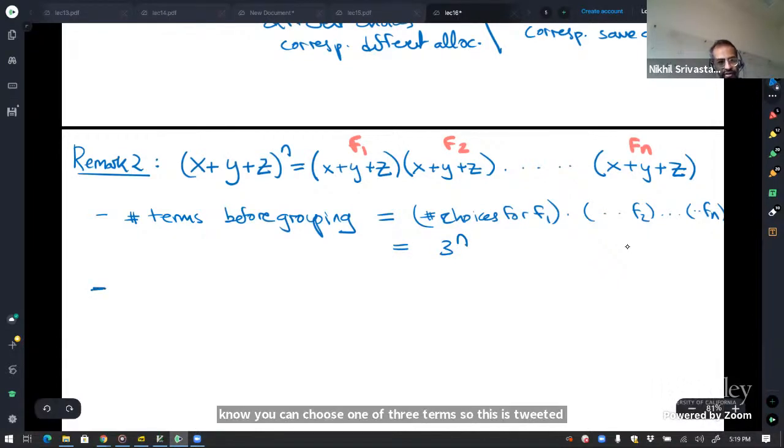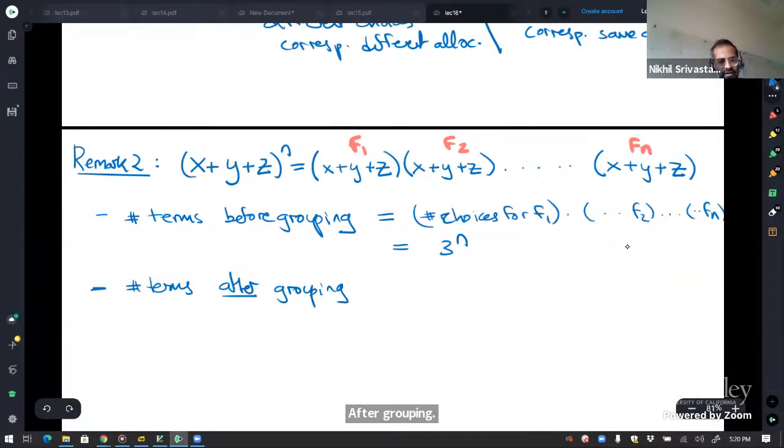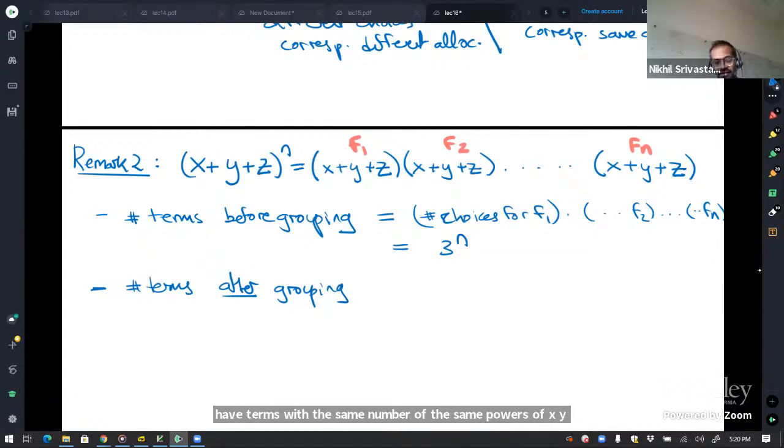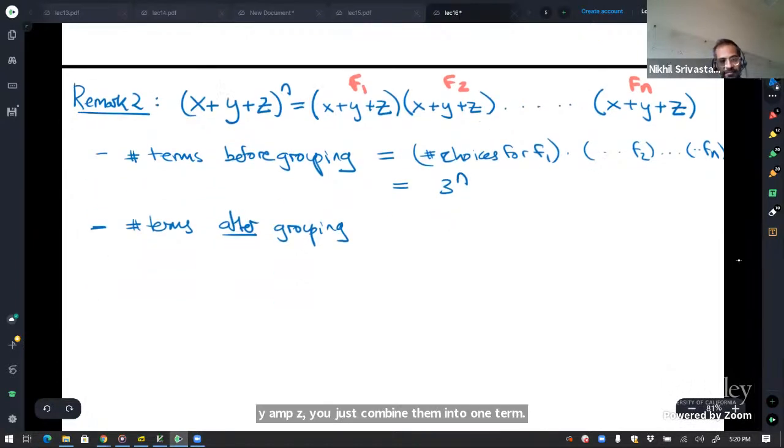Now, what about the total number of terms after grouping? What that means is, if you have terms with the same powers of x, y, and z, you just combine them into one term by adding them and making a coefficient.